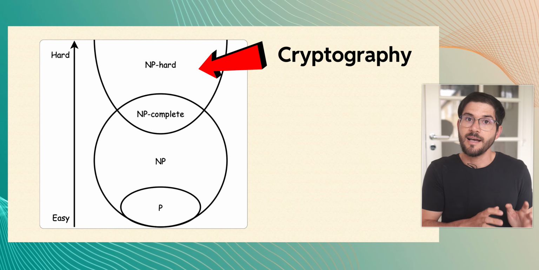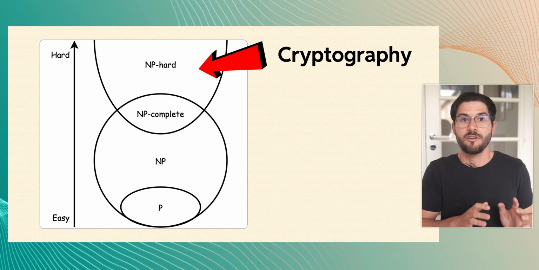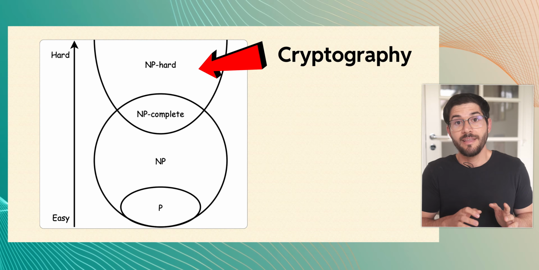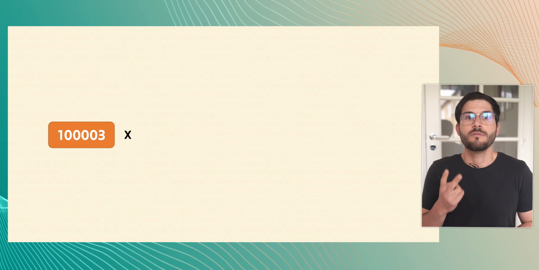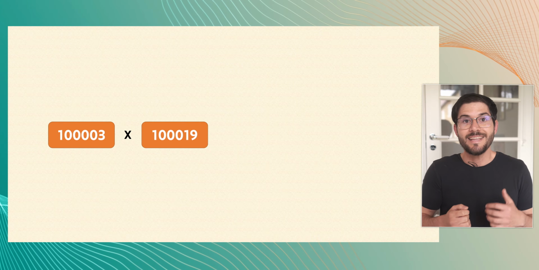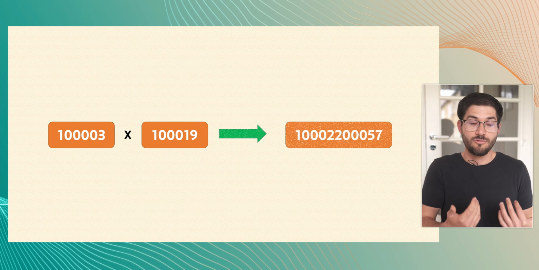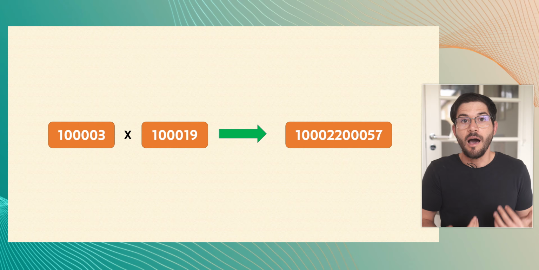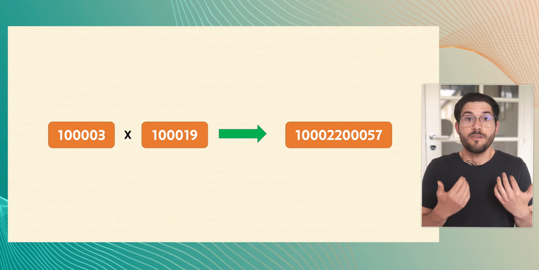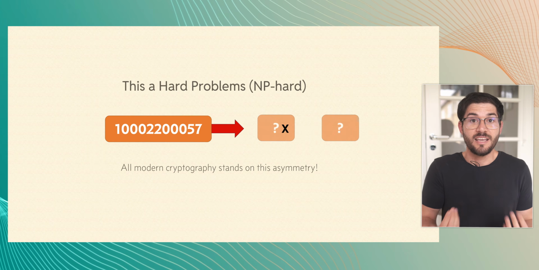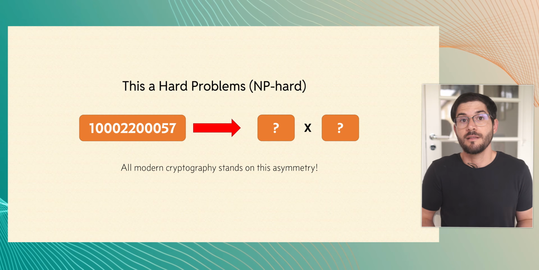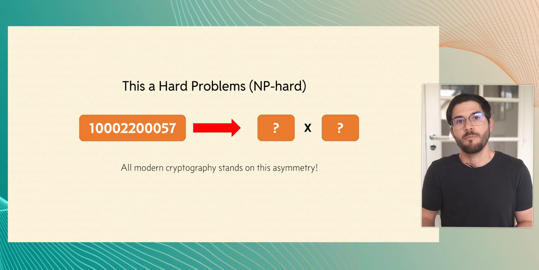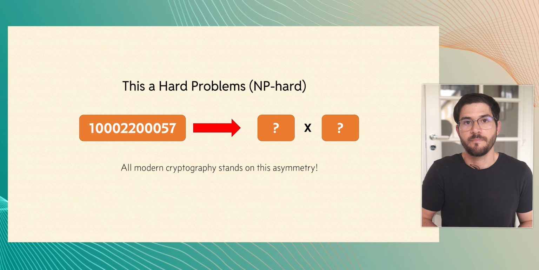Such problems are called one-way functions, and all cryptography depends on them. A classical example is multiplying two large prime numbers. It is fast once you know the numbers. However, if you only have the result of the multiplication, then it is painfully slow for modern computers to find out which prime numbers produced that result.